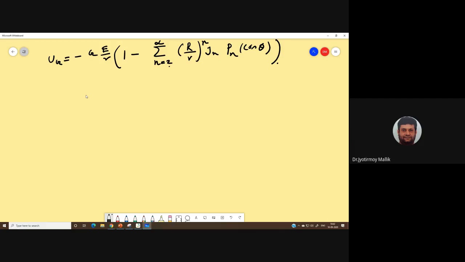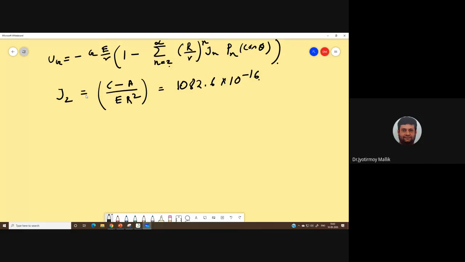Now, if n equals 2, J2 is C minus A by E R square, and that comes around 1082.6 into 10 to the power minus 6.